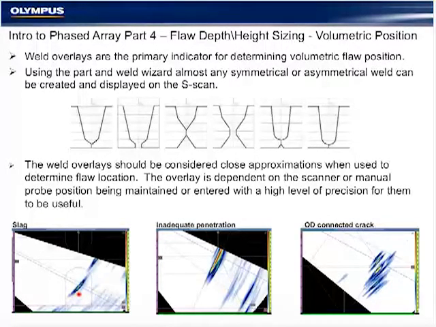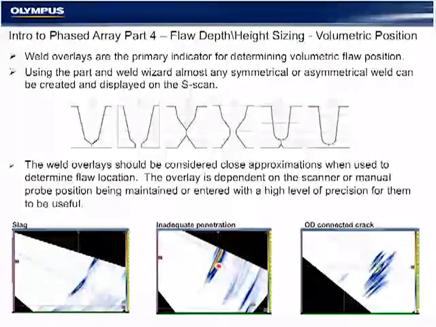It's not connected to the ID or OD, and based on its characterization and location, I can determine that as slag. Inadequate penetration in a V-weld is connected to the ID, and it's directly at the center of the weld and would be detected from both sides of the weld equally, or very high amplitude from both sides.